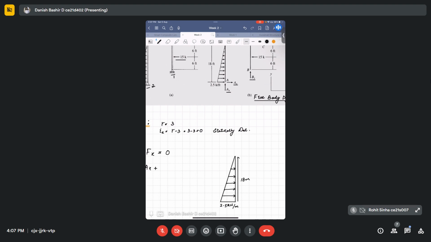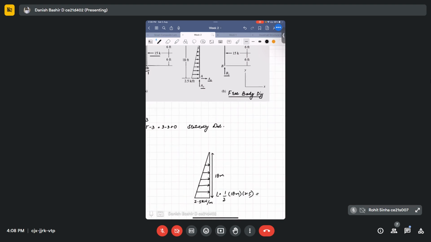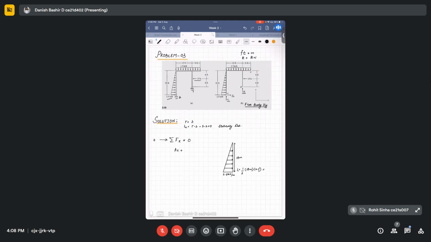So what will be the total load acting? The total load acting will be the area under this triangle, 1/2. Load L is equal to 1/2 times the base, 18 meter, times the load at the altitude, 2.5. So the total load is 1/2 into 18 into 2.5.